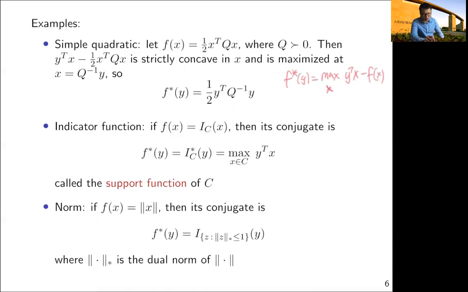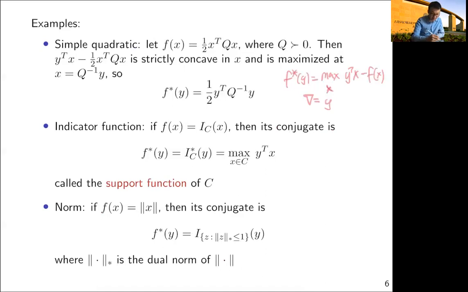A concave function plus a linear function gives you a concave maximization problem, so we can set the gradient to be 0, and that gives you the optimal solution.